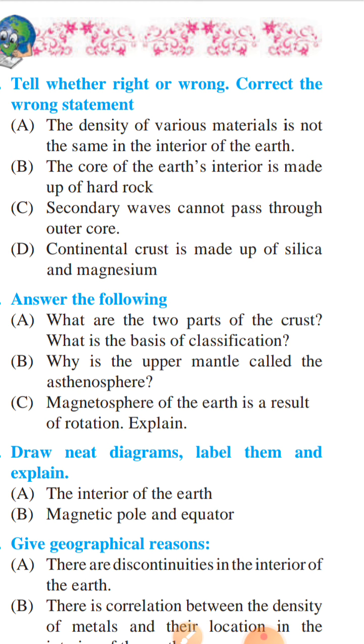Which minerals are in the continental crust? Silica and aluminium. And which minerals are in the oceanic crust? Silica and magnesium. So these layers are classified according to the thickness and according to the composition of minerals.